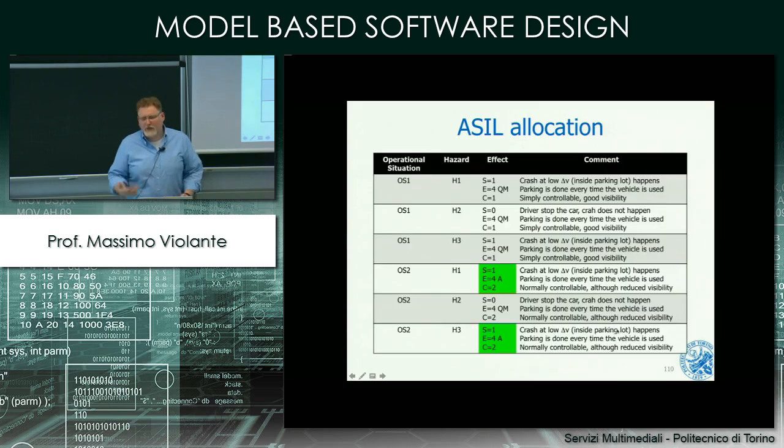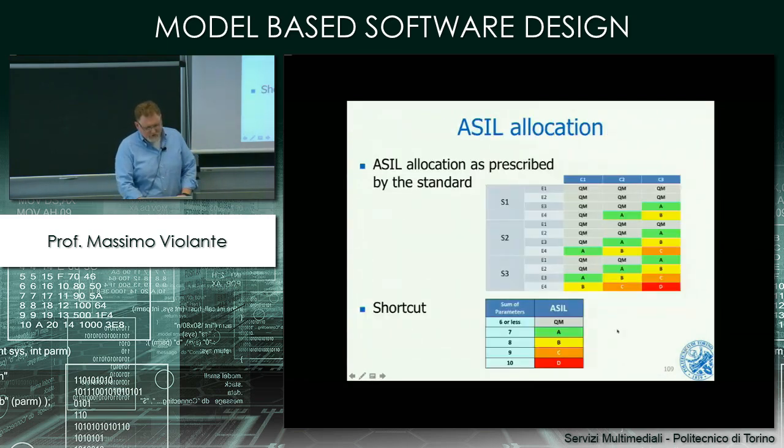We sum the 3 parameters. If the sum of severity, exposure, and controllability is 6 or less, it is QM. If it is 7, it is A, then 8 B, 9 C, 10 D. Okay? This is a way of avoiding learning the table.